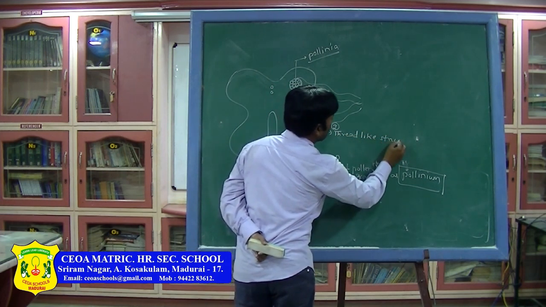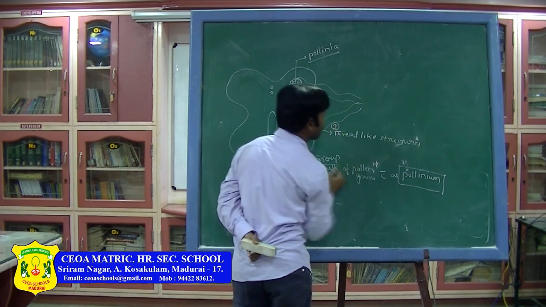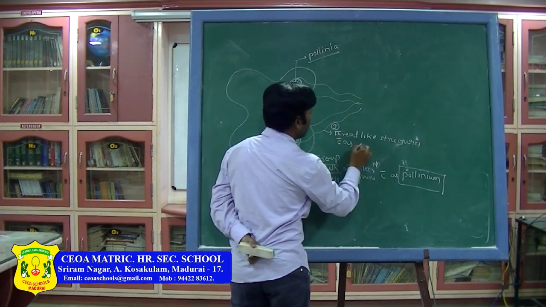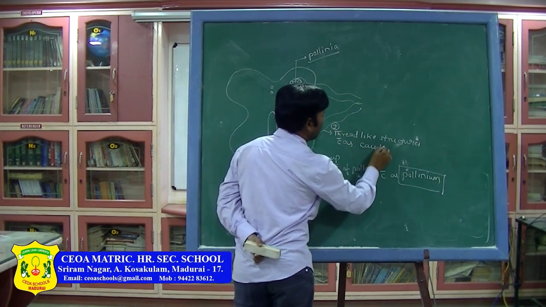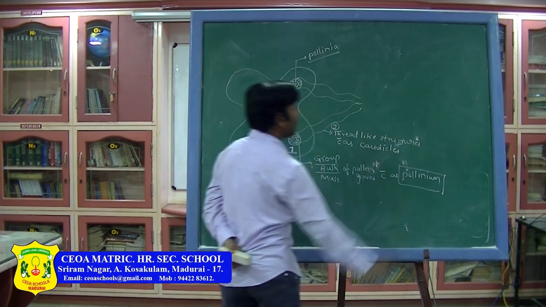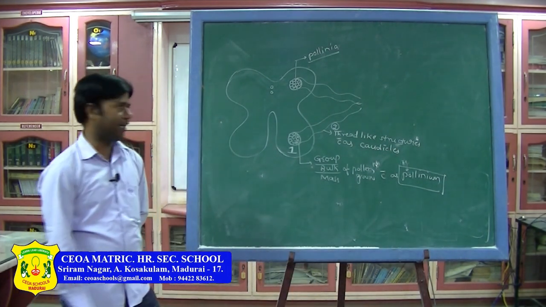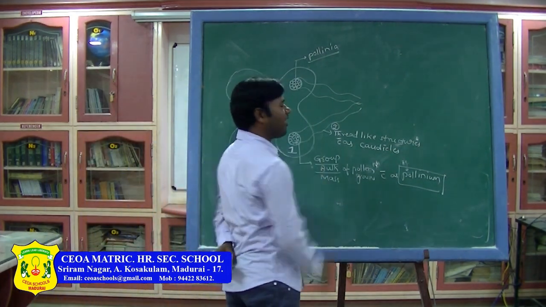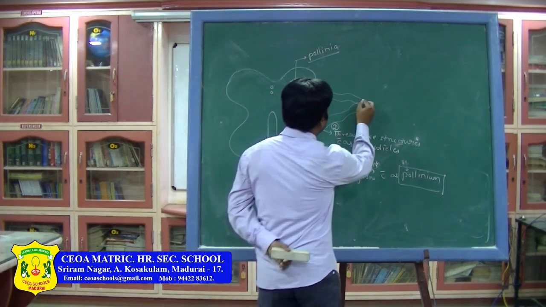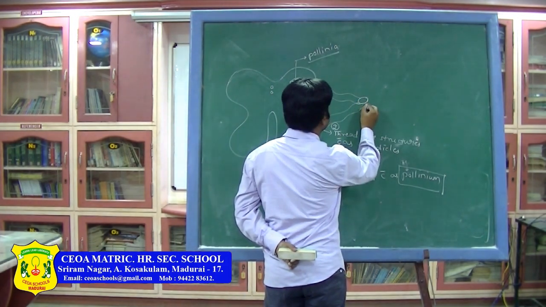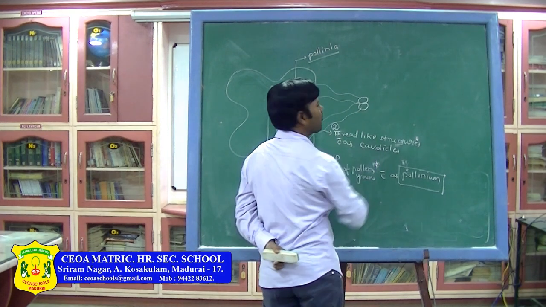These thread-like structures are called as caudices. What we are calling? Caudices. Then these thread-like structures are attached to a disc shaped structure called as a corpuscle.